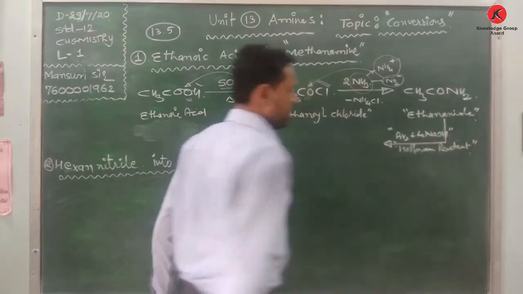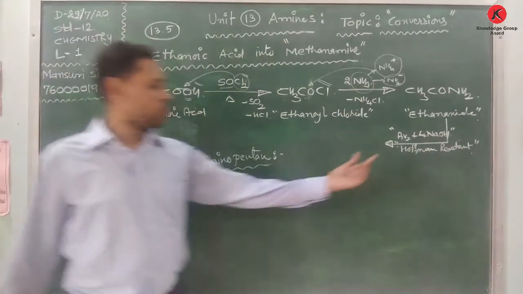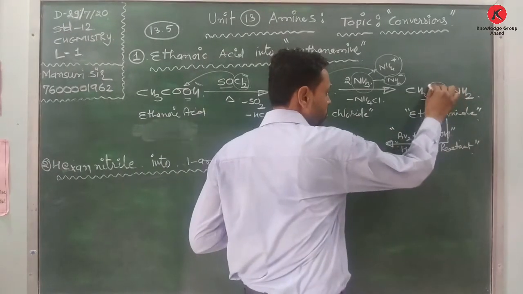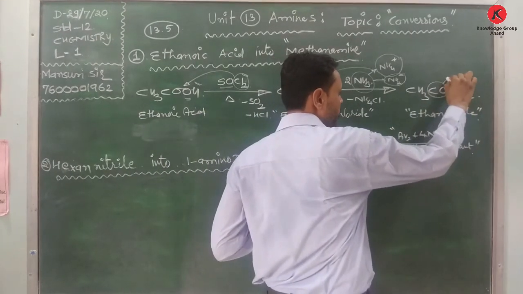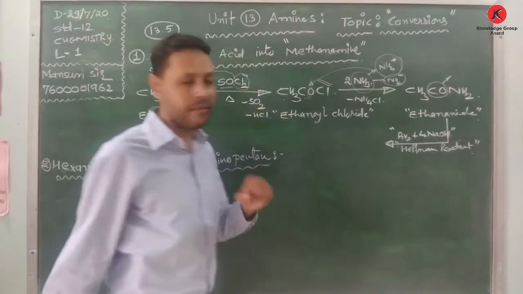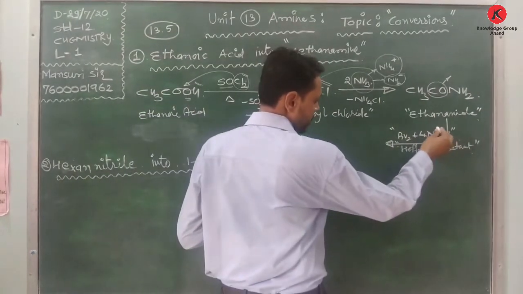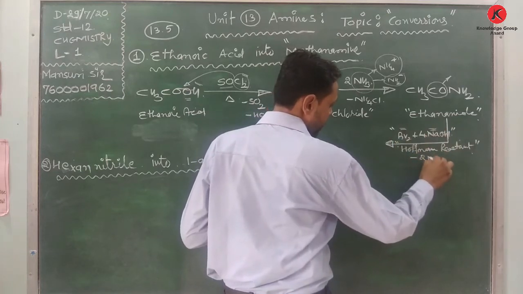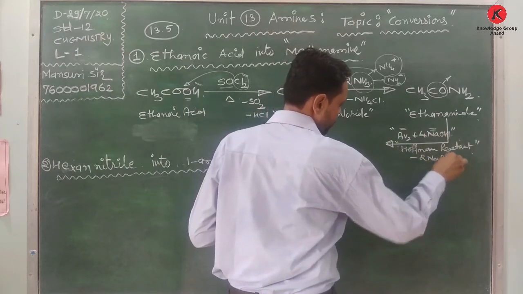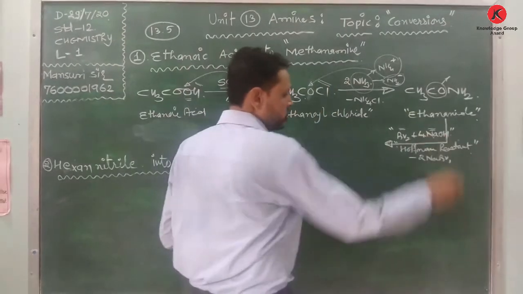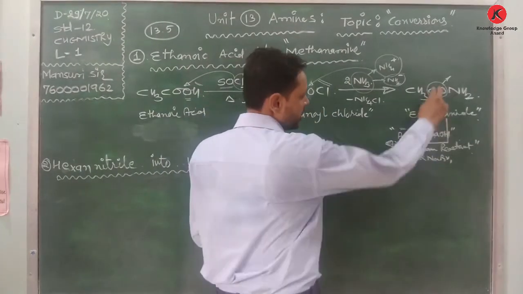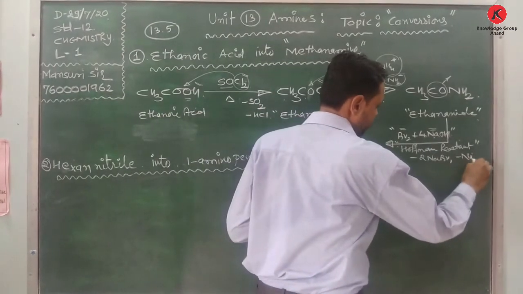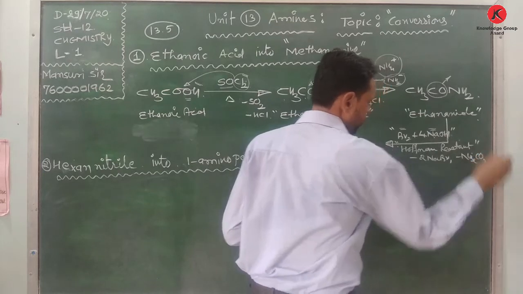Right? Now what does this Hofmann reactant do? Here the carbonyl group is removed by this reactant. How is it possible? Let me discuss. Na gives with Br, 2 NaBr is removed. Now the remaining 2 Na removes with this CO and this O, so Na2CO3 will also be removed.